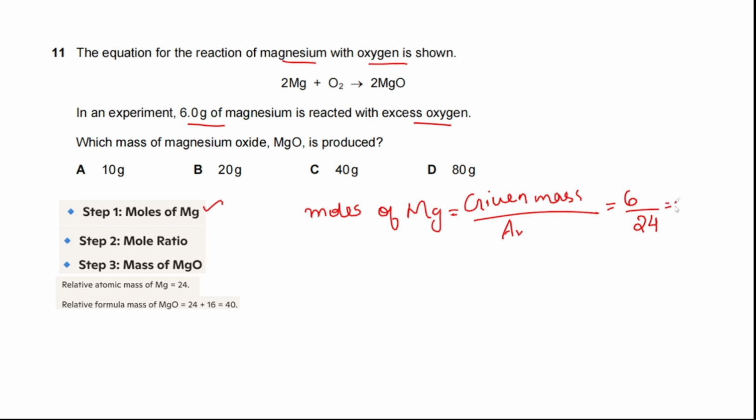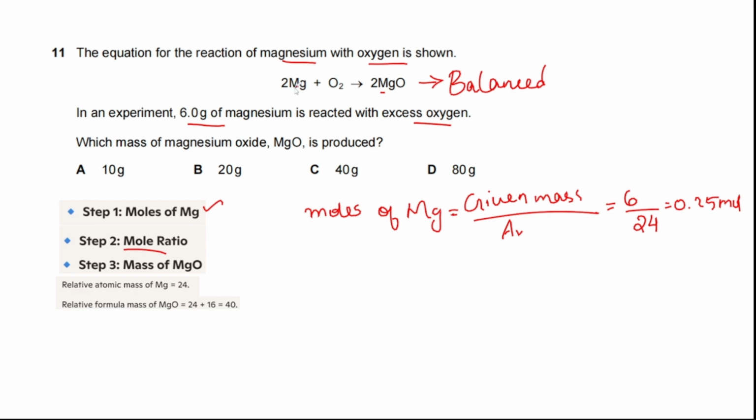This is going to be 0.25 moles. So this is the number of moles. Now you can do the mole ratio. Look at the equation and make sure it is a balanced equation, and here it is balanced. 2 Mg, 2 Mg, 2 oxygen, and here is 2 oxygen. So it's a completely balanced equation.